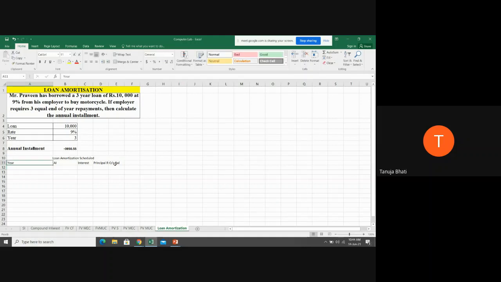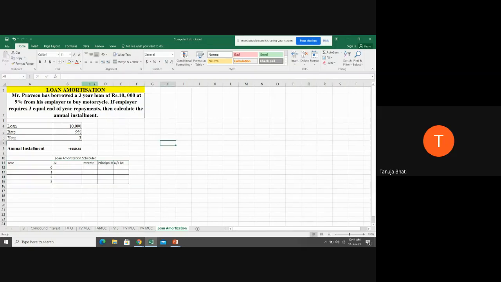Is this clear? Okay. Now, how many rows do I require for this? 0, 1, 2, and 3. Is this clear?